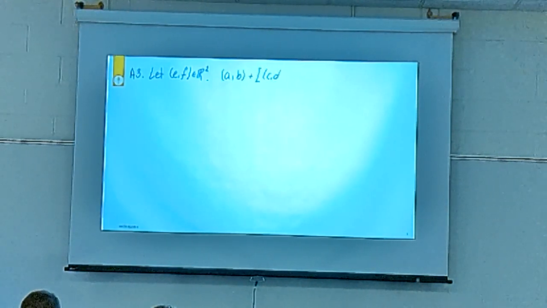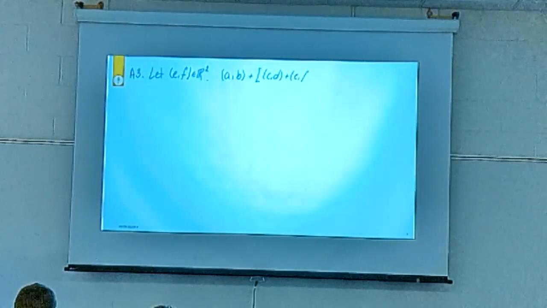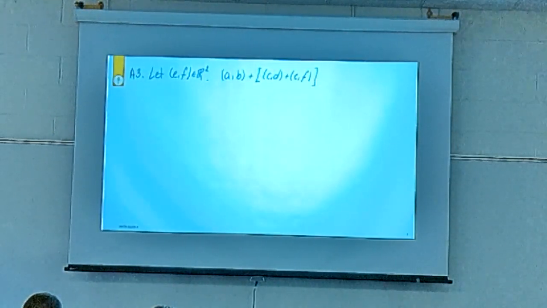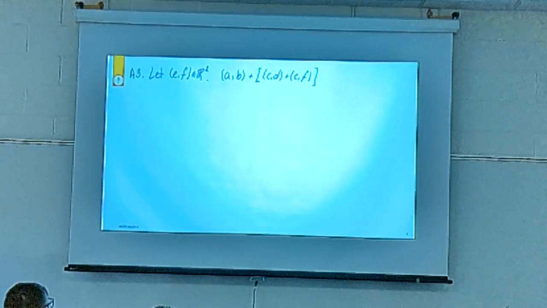Need a new vector for A3, so let ef be in R2 as well. A3 is the associativity property of addition.